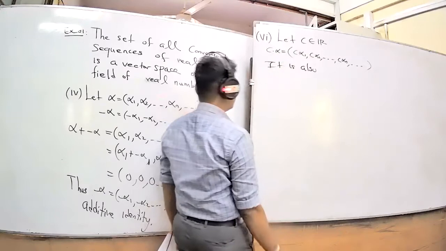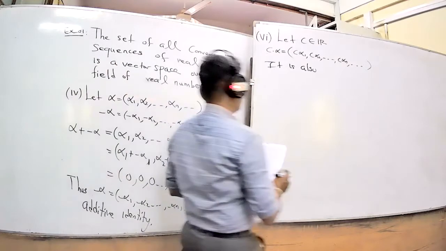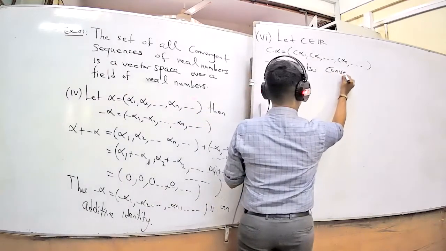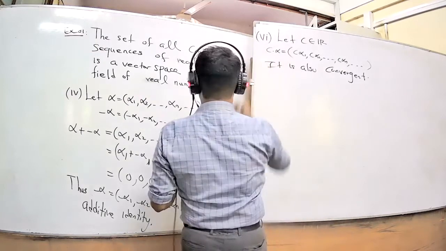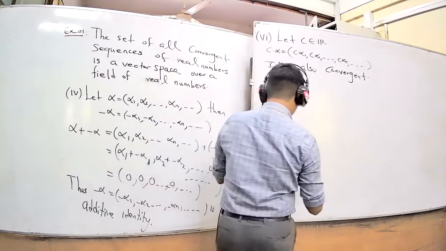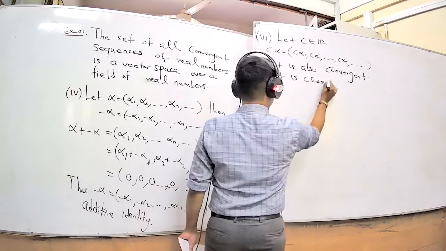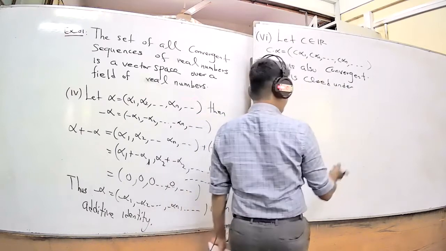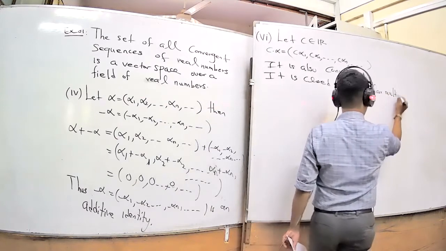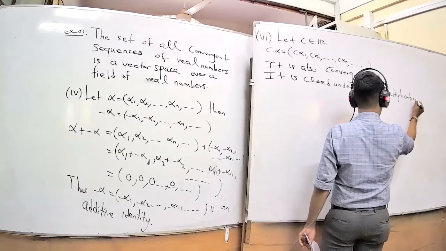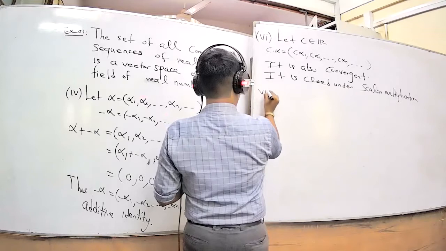So it is one of the elements in this set, therefore it is closed under scalar multiplication.